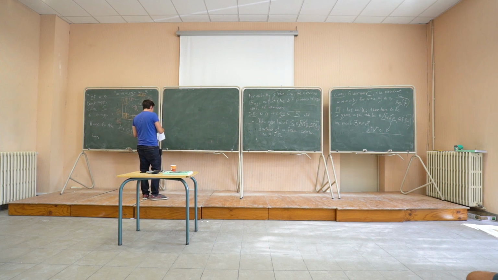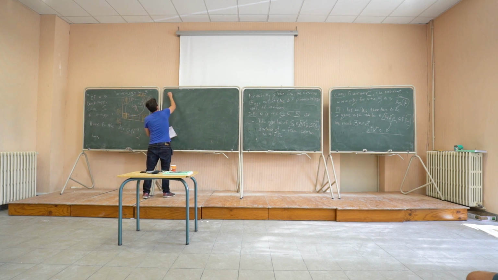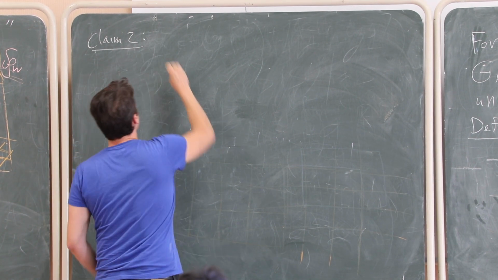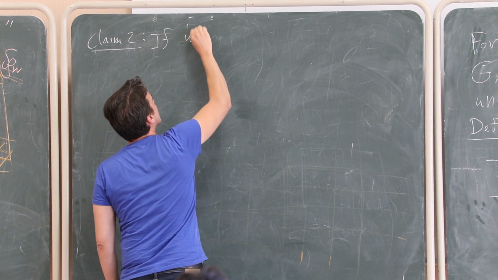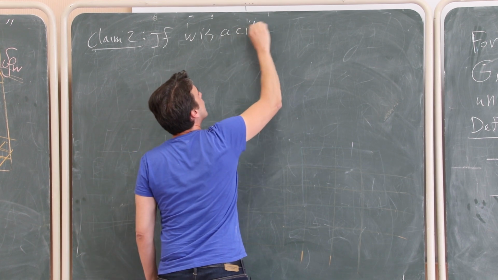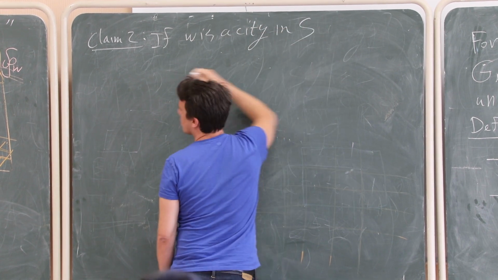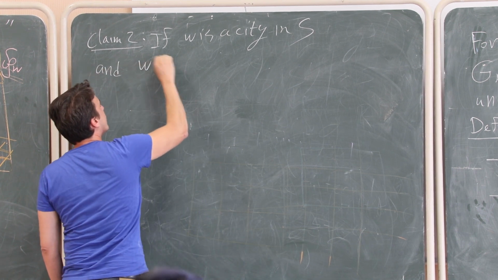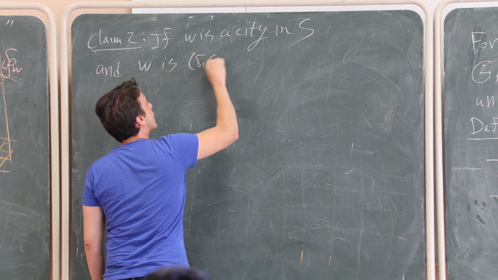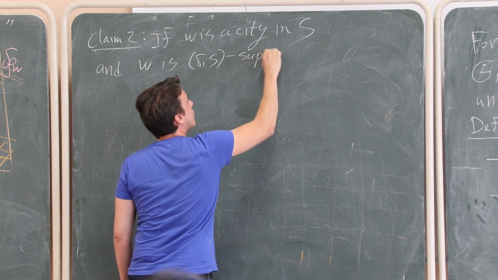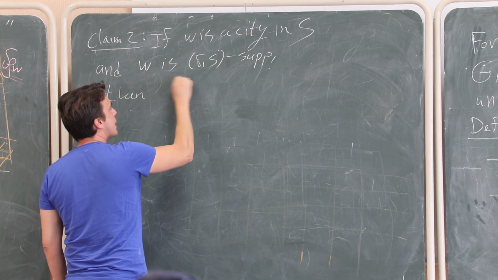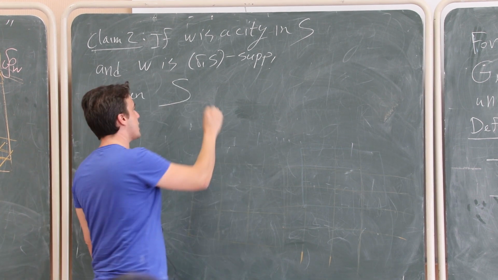And the second claim is, of course, this statement. Claim 2: if W is a city in S, so the picture looks like this, and W is delta S supported, then the big square, S, is S supported.